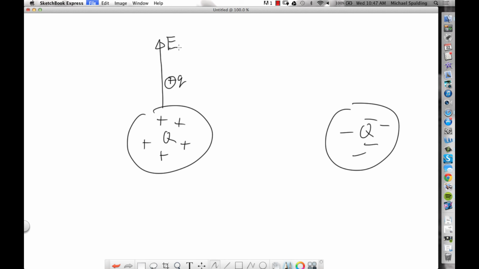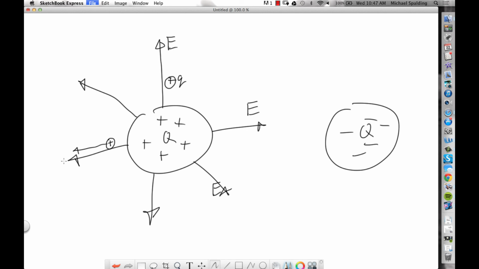Out. That's the direction of the electric field. These arrows that I'm drawing represent the electric field. The direction of the electric field is simply the direction that a little positive guy wants to go when placed in the field. So if you stick a little positive guy right here, which way does he want to go?